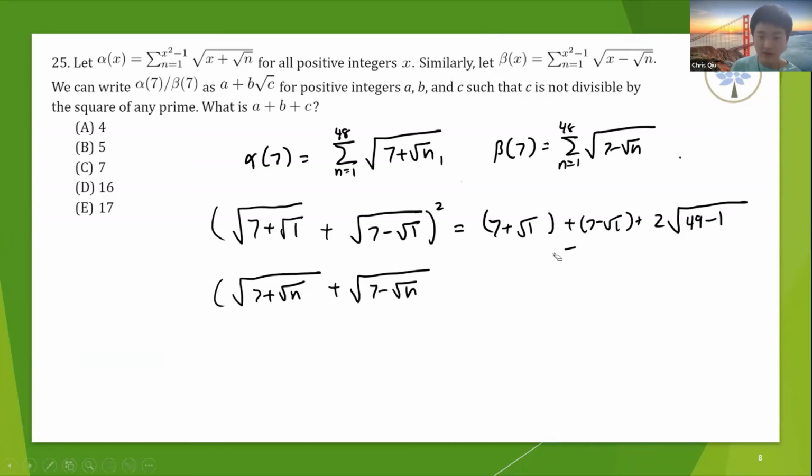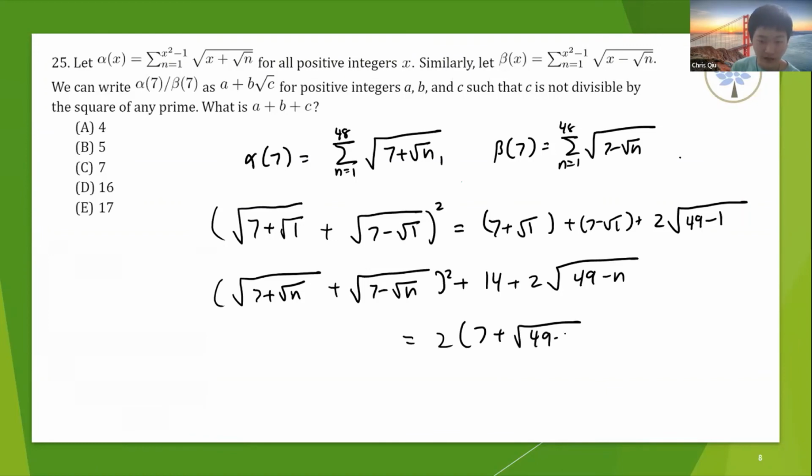And once we square this, we're going to get 14 plus 2 times the square root of 49 minus n. And in fact, we can rewrite this as 2 plus 2 times 7 plus root 49 minus n.